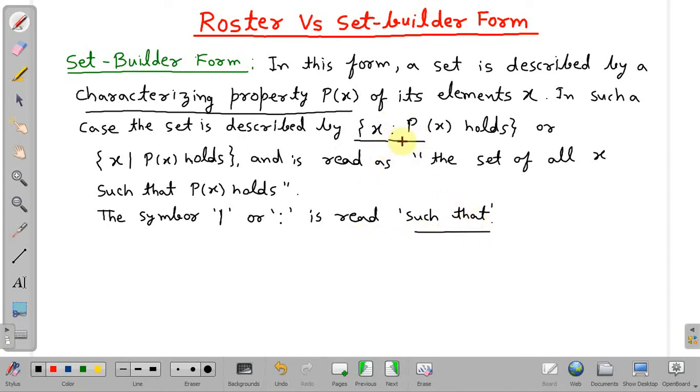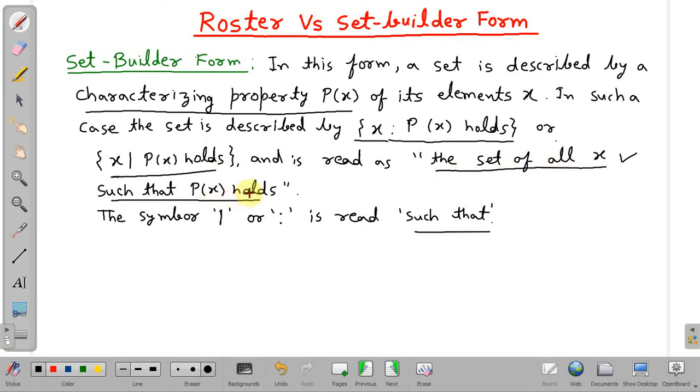P(x) means the property or characterizing property, so this is written as x such that P(x) holds, and is read as the set of all x such that P(x) holds.